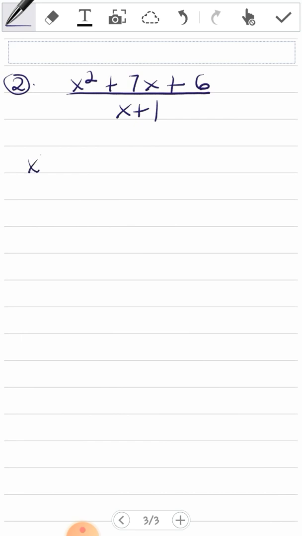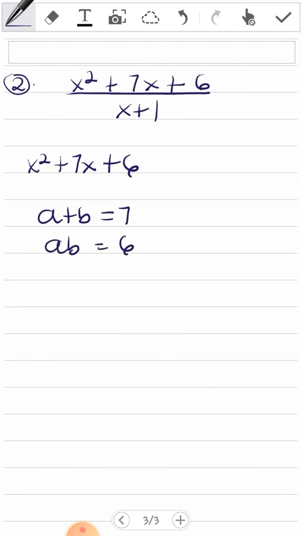So my numerator is x squared plus 7x plus 6. Here I have to get two integers that when you add, you're going to get 7. So a plus b is equal to 7, a times b is equal to 6. We've already talked about factors, so I'll just brush through.